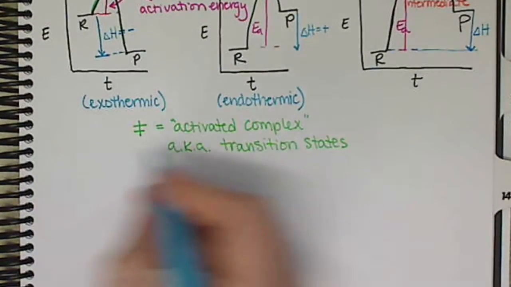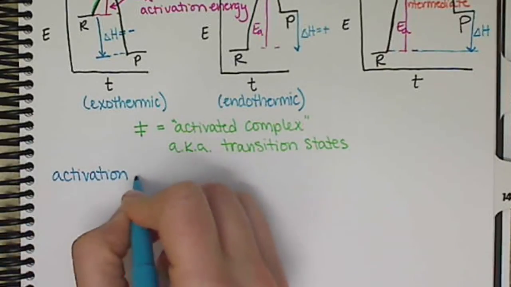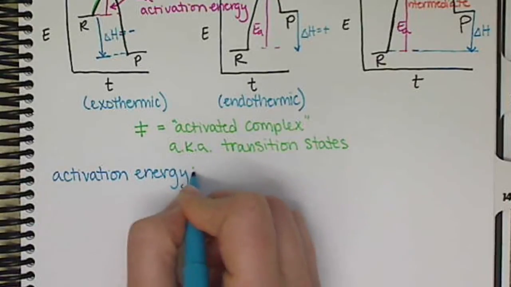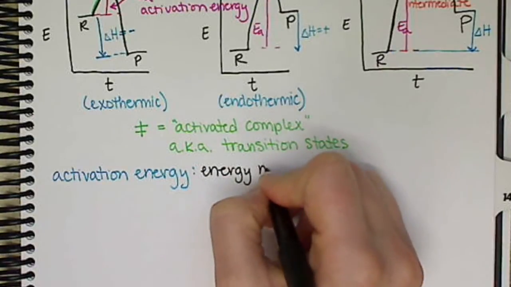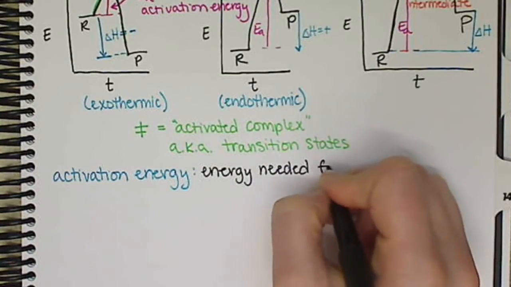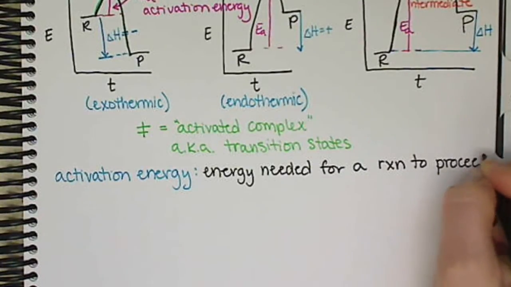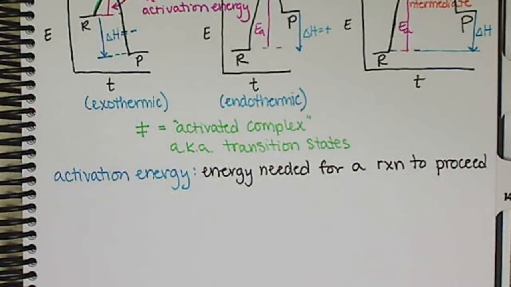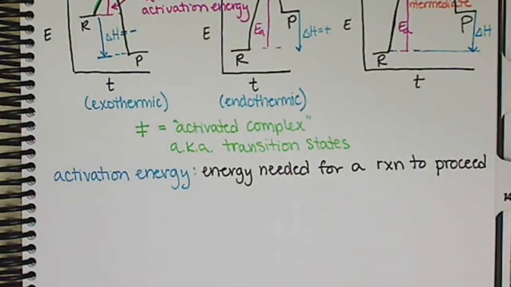So our activation energy is the energy that we need for a reaction to take place. Even an exothermic reaction, one that gives off heat, does require a certain amount of energy to actually get the reaction going.